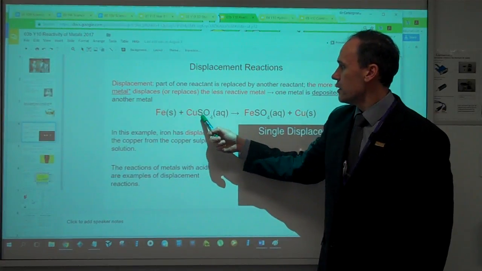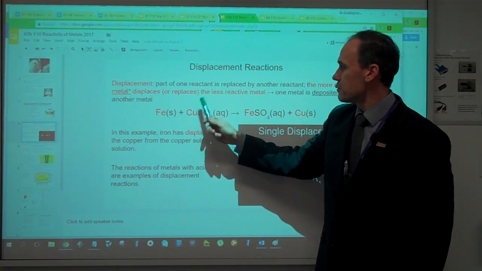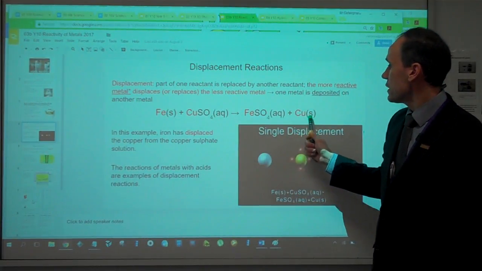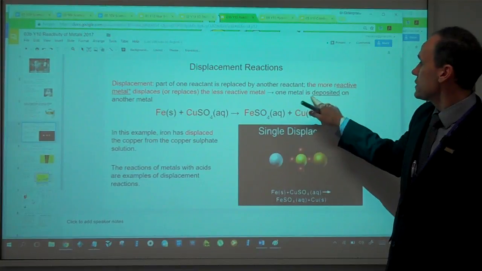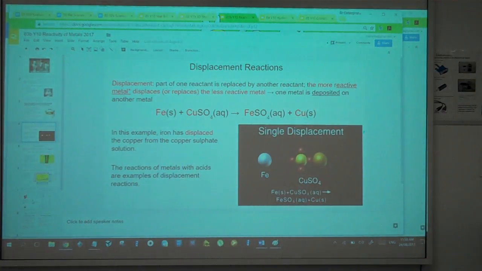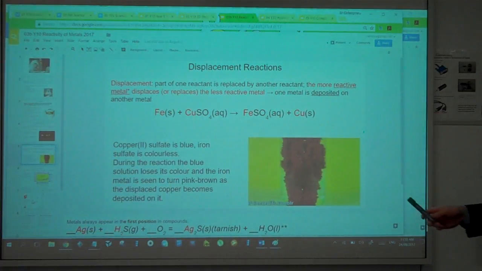Reactive girl, more reactive than this one, and off you go. So the iron will displace the copper, and you'll get copper as a solid, and that solid is deposited on another metal.